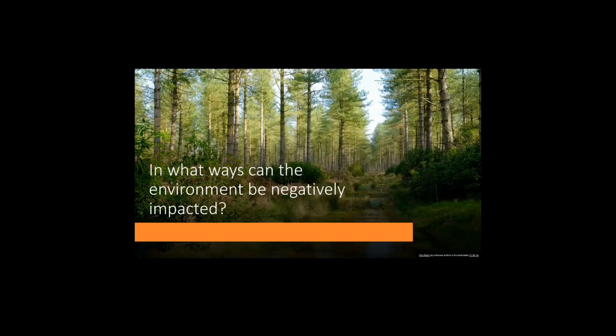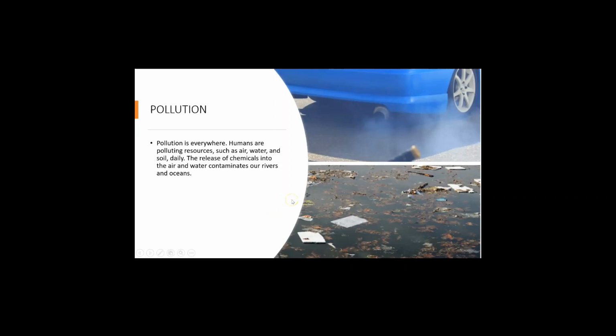In what ways can the environment be negatively impacted? So one way is pollution. Pollution is everywhere. Humans are polluting resources such as air, water, and soil daily. The release of chemicals into the air and water contaminates our rivers and oceans.